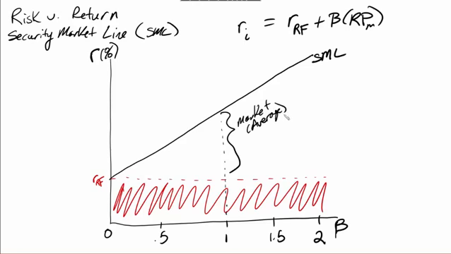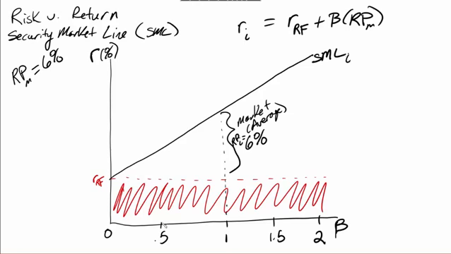Just assume for a moment that the market risk premium is going to be equal to 6%. So at a beta of 1, the risk premium on this stock, the security market line for this stock, is going to be 6%.